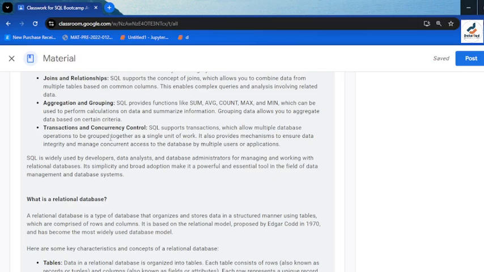It also provides mechanisms to ensure data integrity and to manage concurrent access to the database by multiple users or applications. So basically, a lot of users can access this data concurrently, and no issues will overlap each other, right?